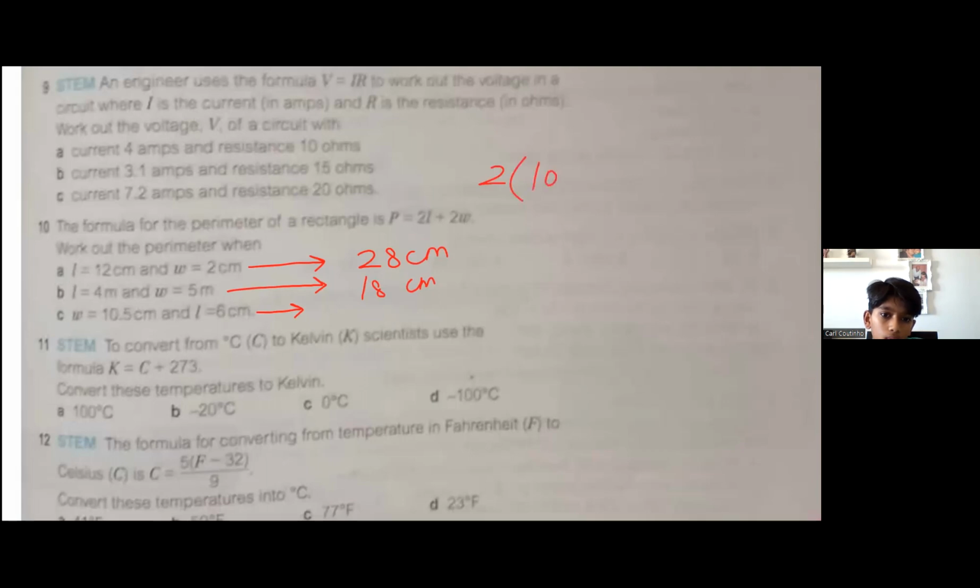L in this case is 6, and 2L plus 2 times width, which is 10.5.